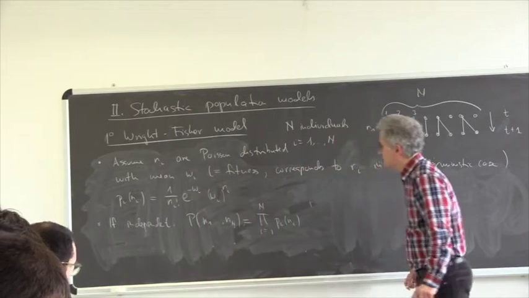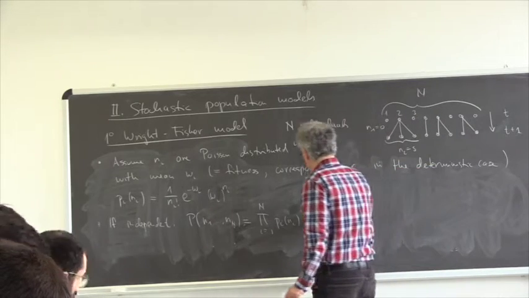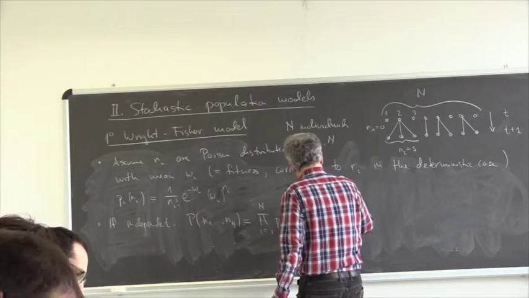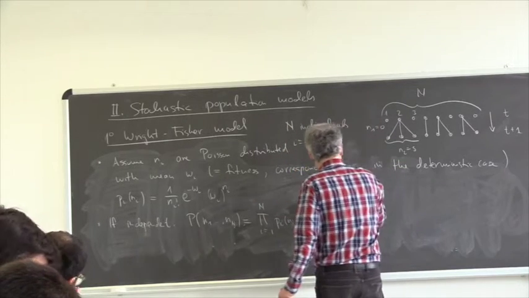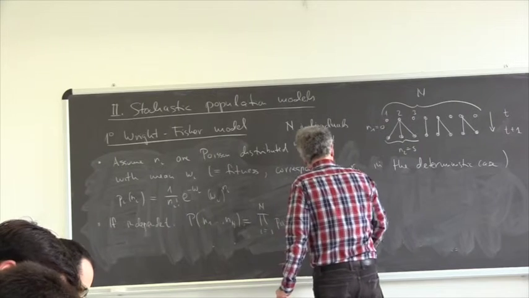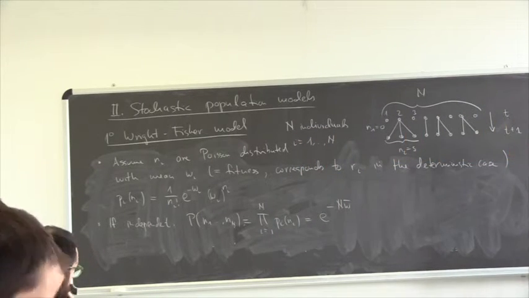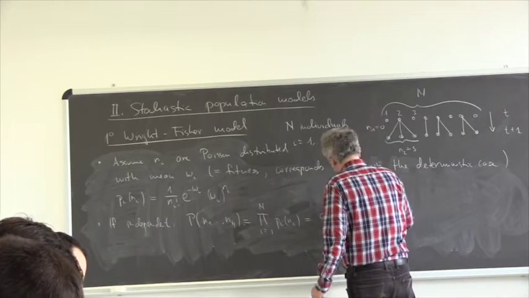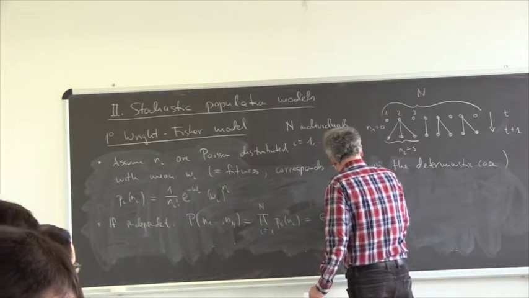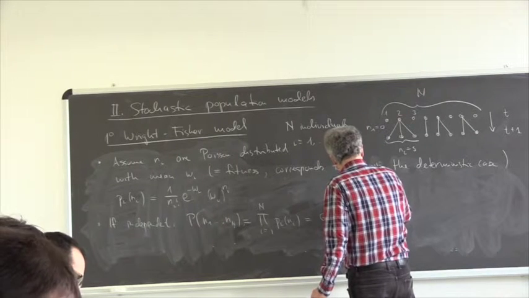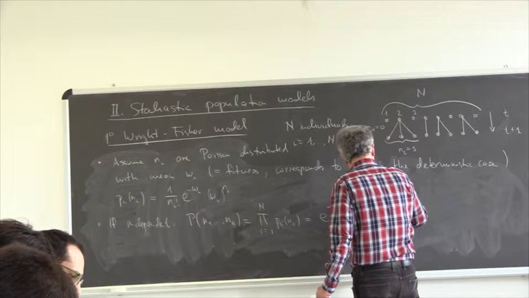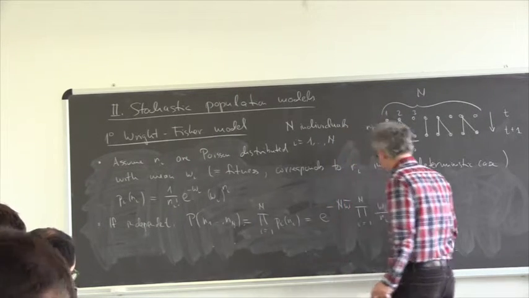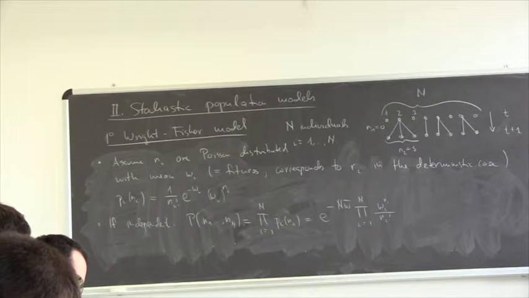The exponentials lead to a sum of the fitnesses, which I can write as e to the minus N w bar, where w bar is the mean fitness, and then I have a product over i equal to 1 to N of wi to the power ni divided by ni factorial.